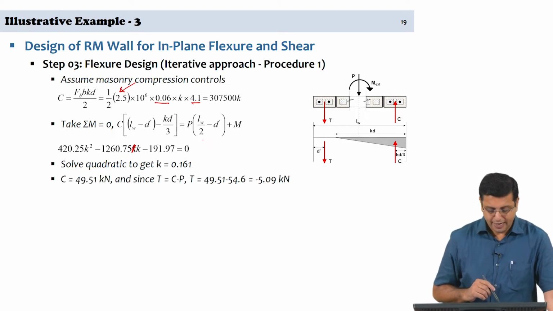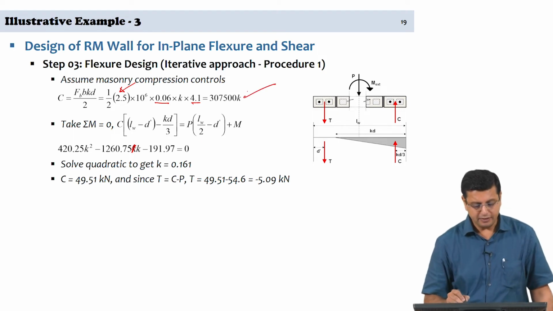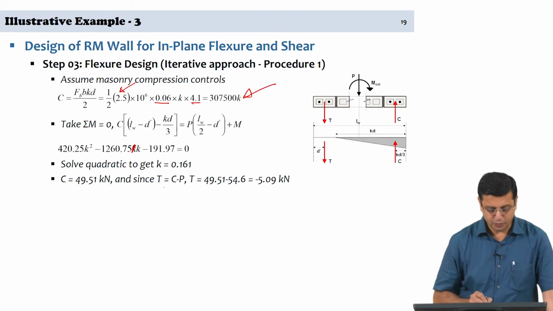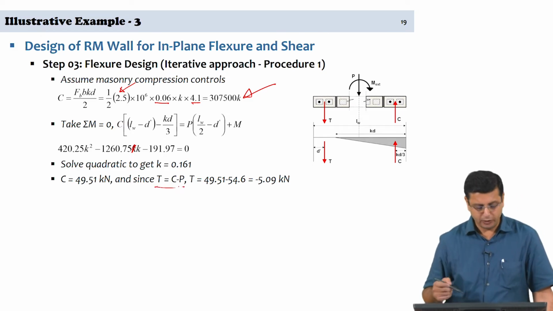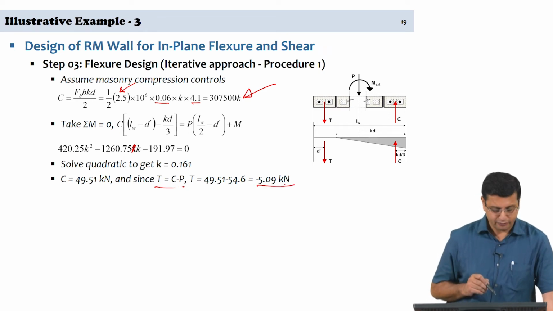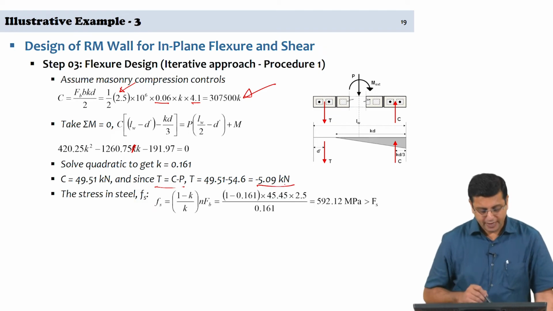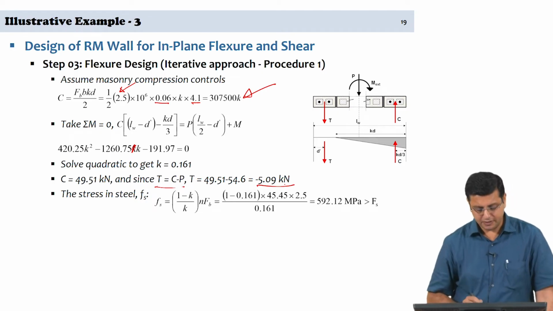Now, with that you can go back and estimate the compressive force, and since we know that the tensile force is going to be, by equilibrium, C minus P, we get an estimate for the tensile force. Now, with that let us check the stress in steel.